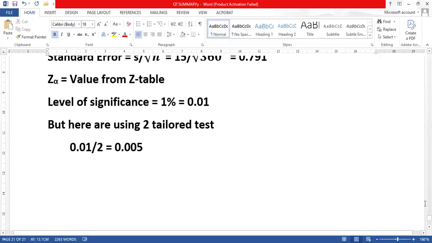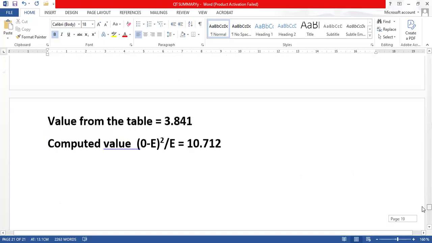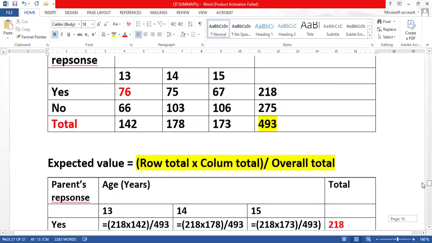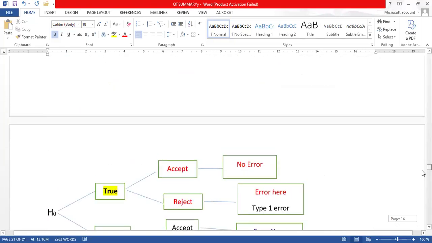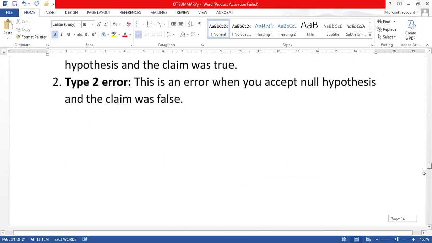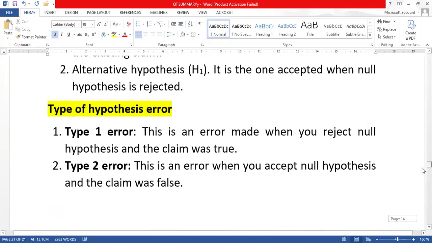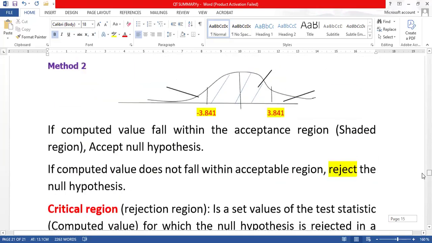In this diagram that you see here, this side alone, from here to infinity, is 0.5, and the right side from here to infinity is also 0.5.